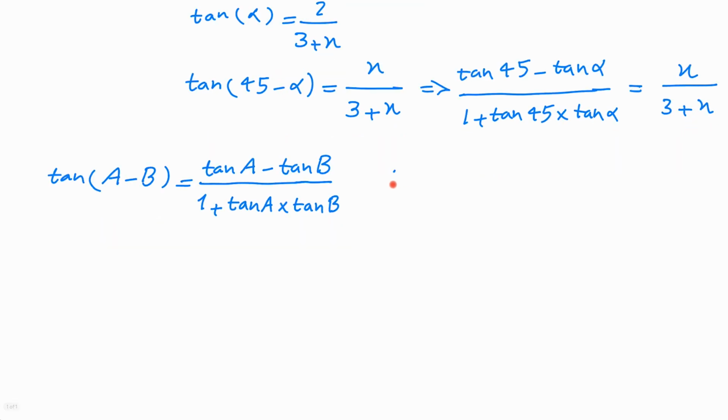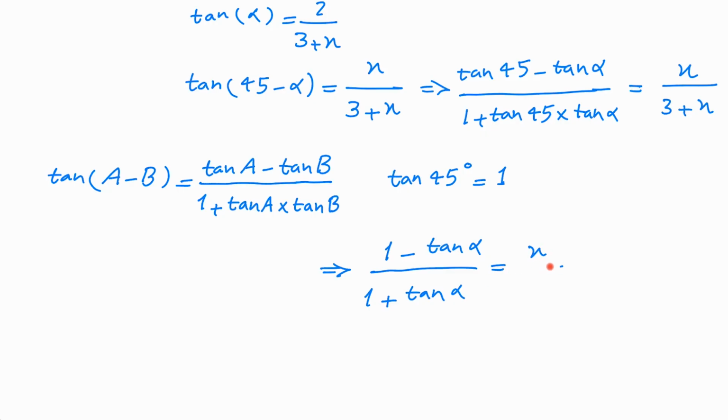We know that the tangent of 45 degrees is 1. So we can substitute this into this equation. We will have 1 minus tangent of alpha divided by 1 plus tangent of alpha. It should be equal to x divided by 3 plus x.